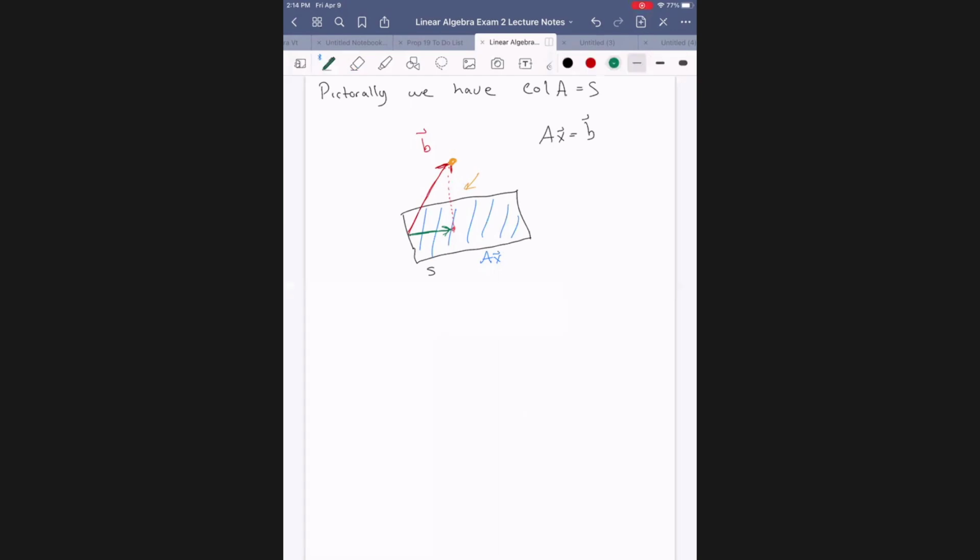Two things we need: projections onto subspaces, and orthogonal complements.